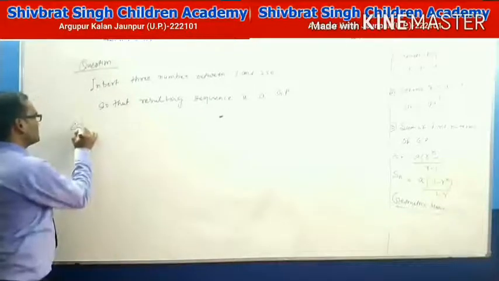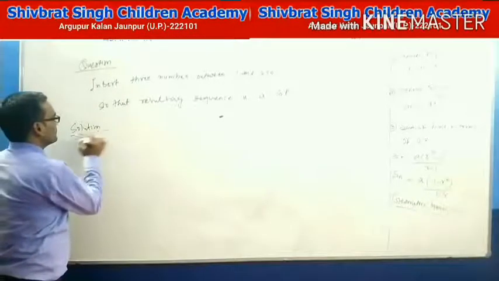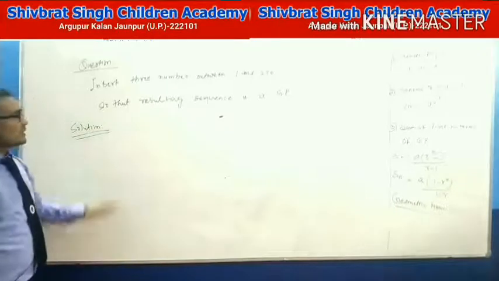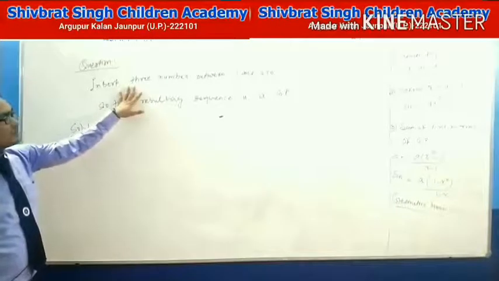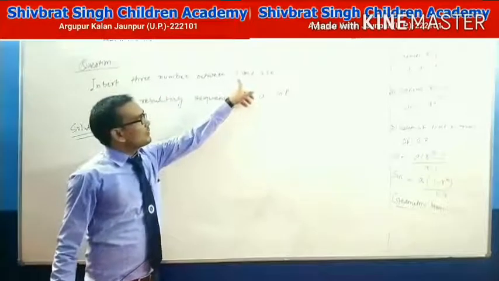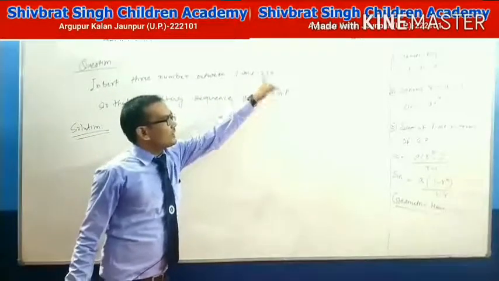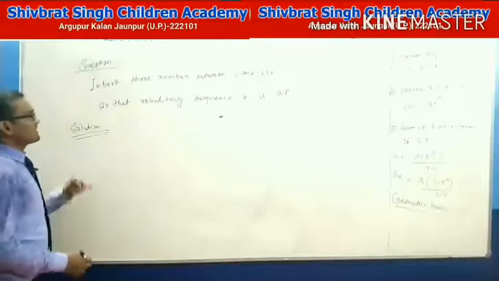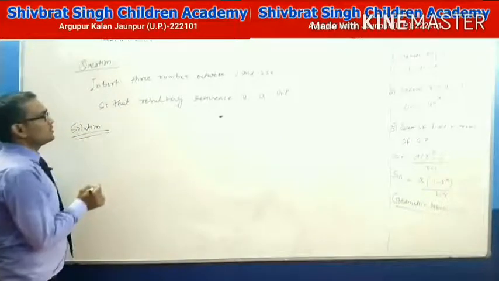Solution. The question tells me three geometric means between 1 and 256. Let us consider G1, G2, G3.